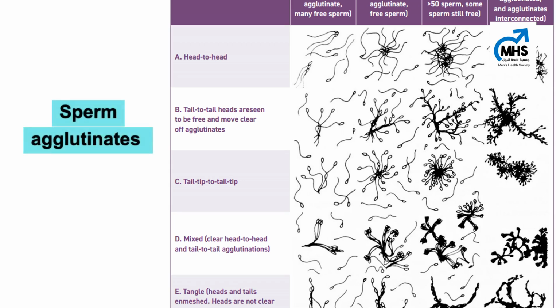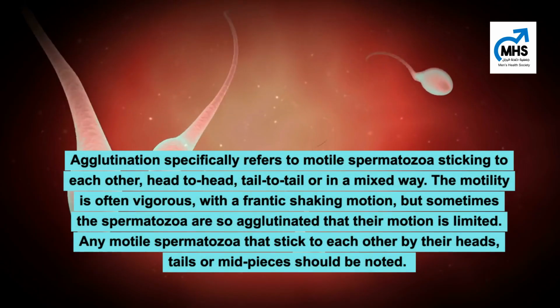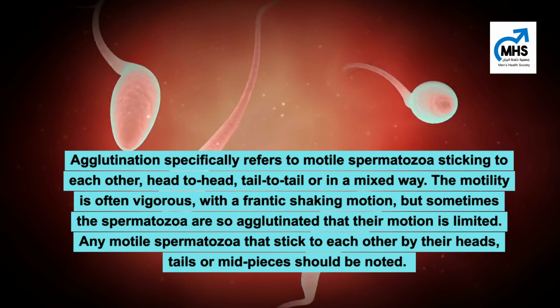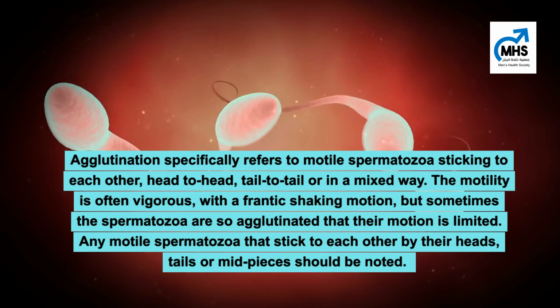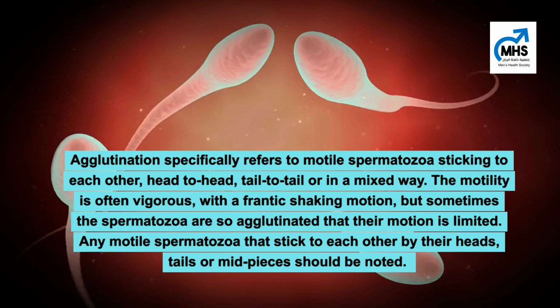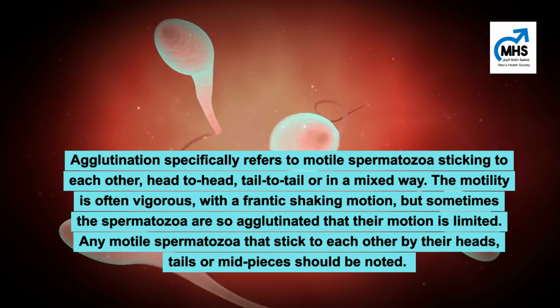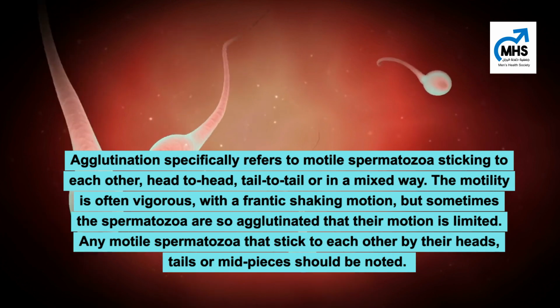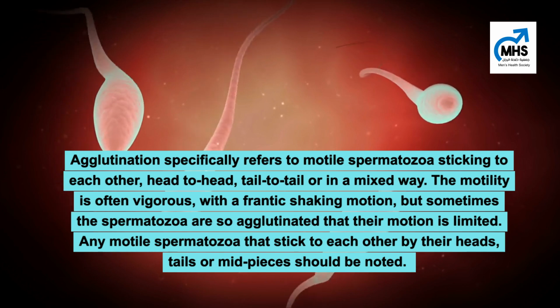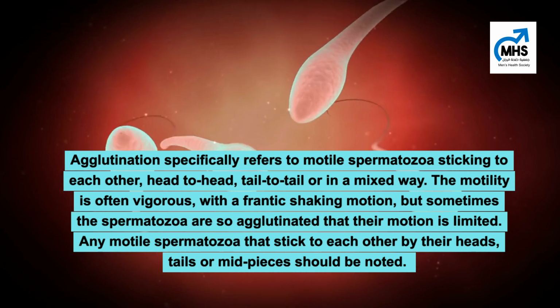Sperm agglutinates. Agglutination specifically refers to motile spermatozoa sticking to each other, head to head, tail to tail, or in a mixed way. The motility is often vigorous, with a frantic shaking motion, but sometimes the spermatozoa are so agglutinated that their motion is limited.